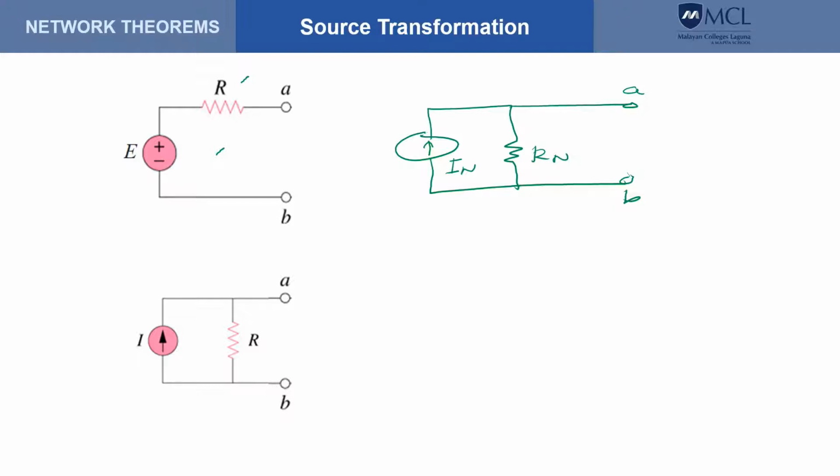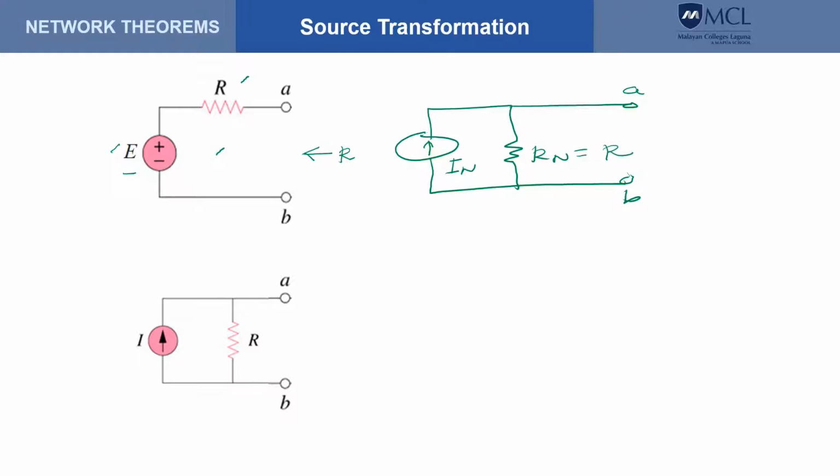To get R sub n, we look into the open terminals and get the open circuit resistance. Since we only see an independent source, we can use case 1 to determine that resistance. The rule is to disable the source. Since it is a voltage source, we short out the terminals. What we get there is a resistance that is equal to R. So R sub n is equal to R.